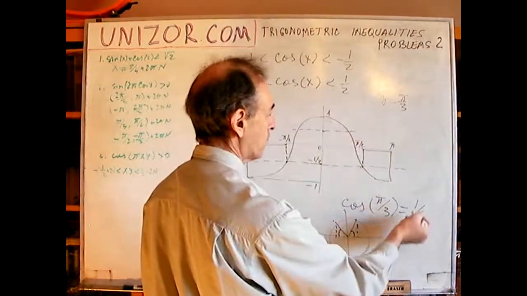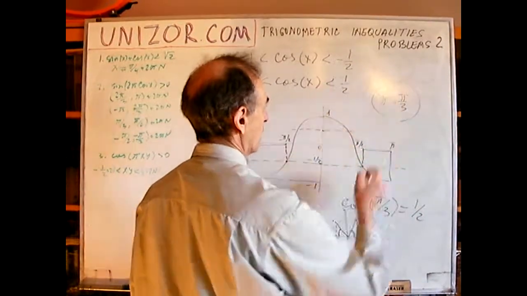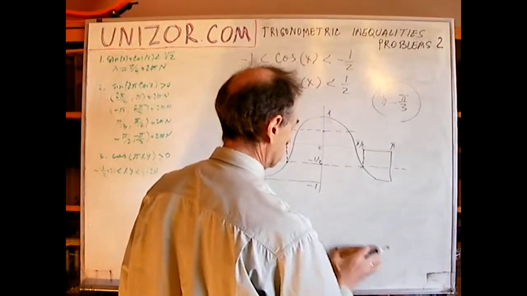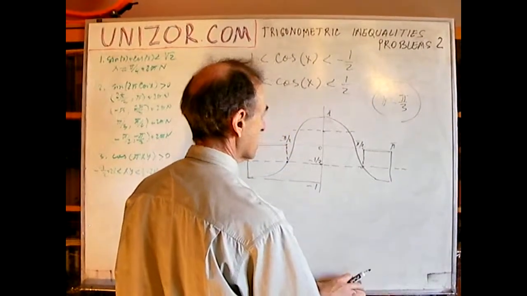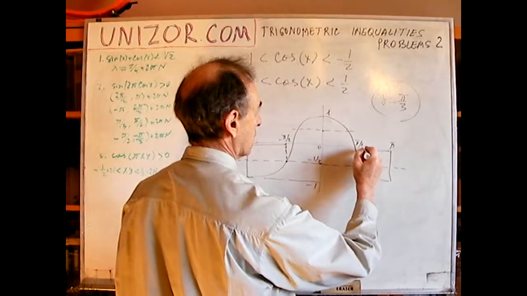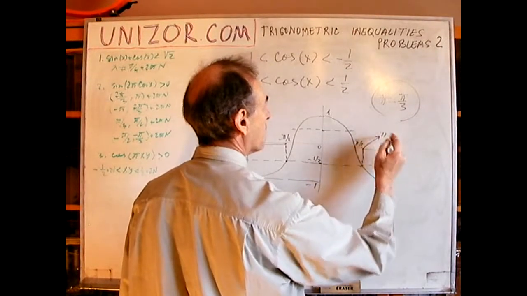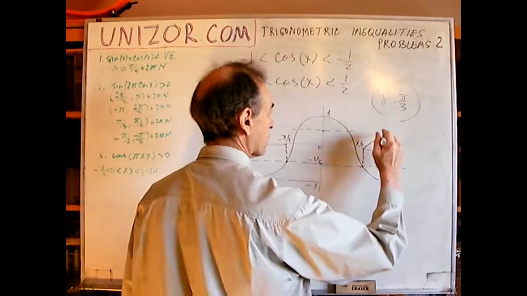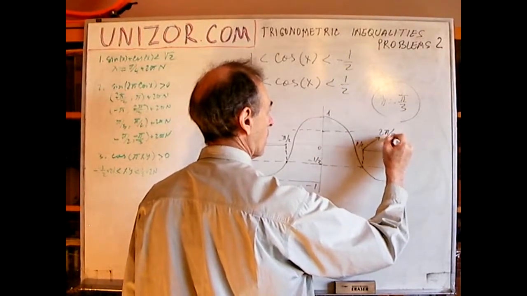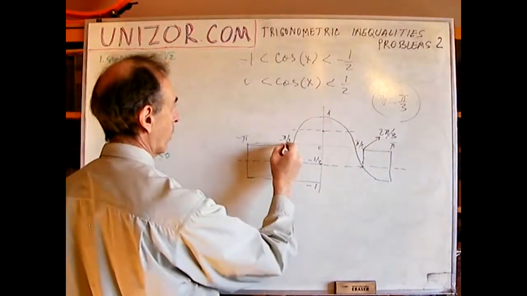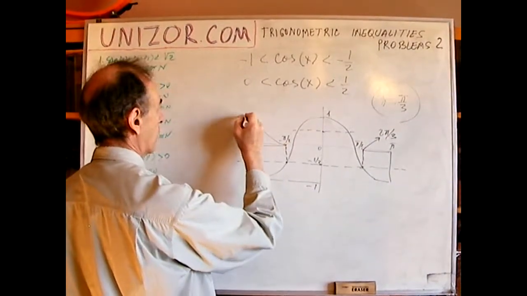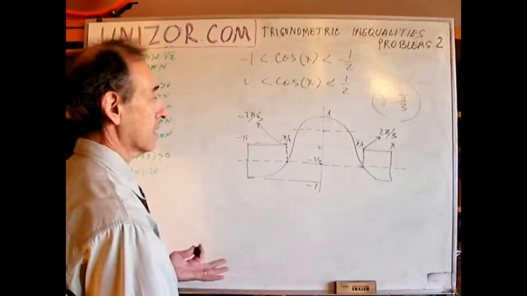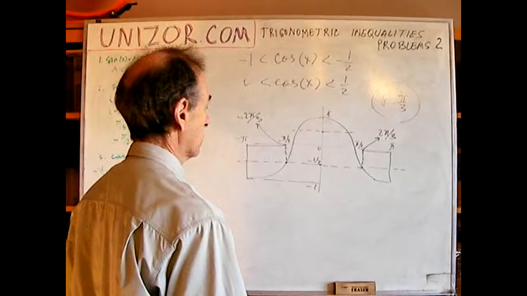So we need minus 1/2. So that would be minus 1/2. So this particular point is pi minus pi over 3, which is 2 pi over 3. Now this point correspondingly is minus 2 pi over 3 because cosine is an even function.